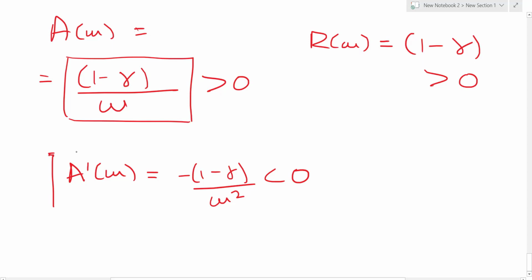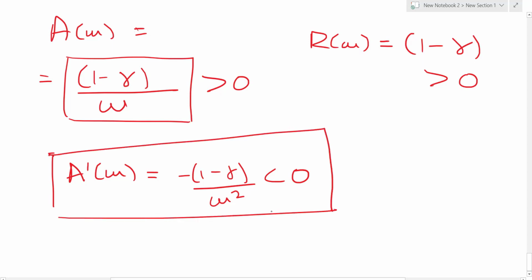Why? Because if the investor gets richer, he would want to invest more money in risky assets. So his risk aversion will decline with an increase in wealth, in absolute terms. In relative terms, R dash W will be equal to 0, which means constant relative risk aversion.